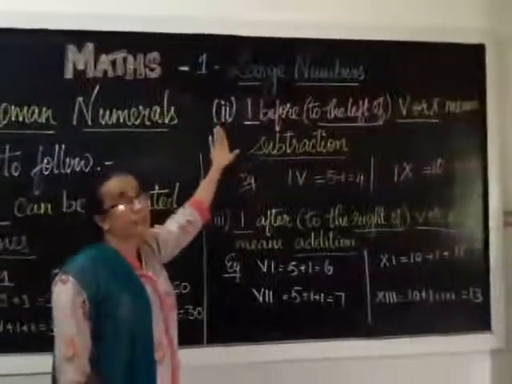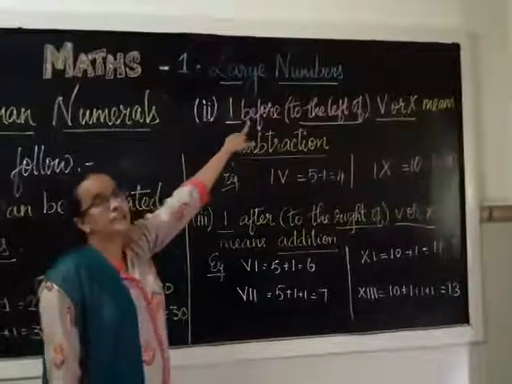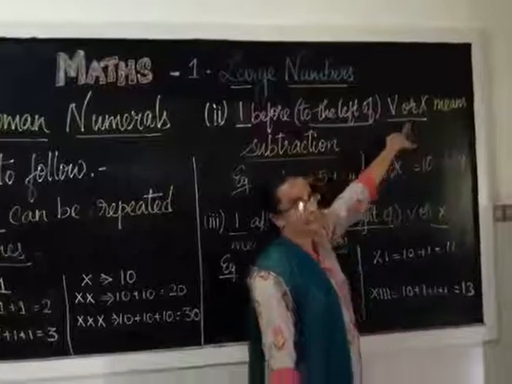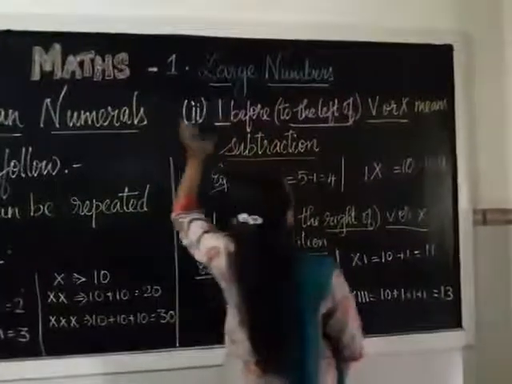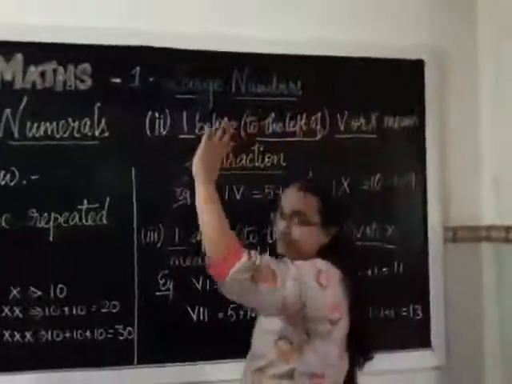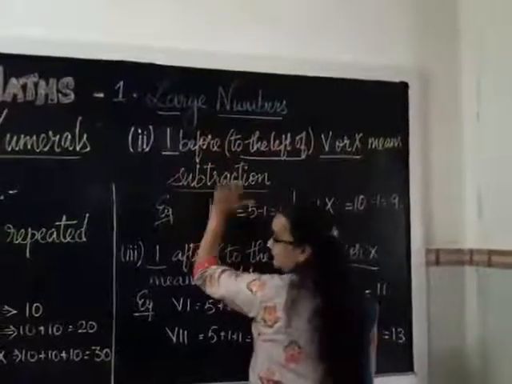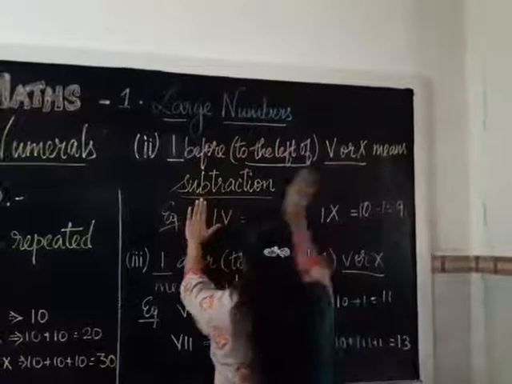Now the second rule is: when you write I before V and X, that is before. Before means to your left hand side, right? See my left hand and this is my right hand.